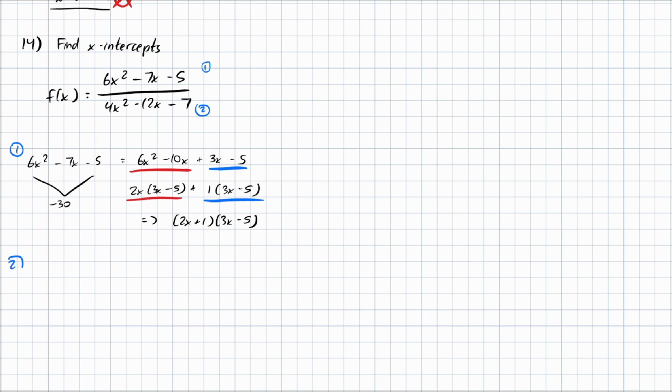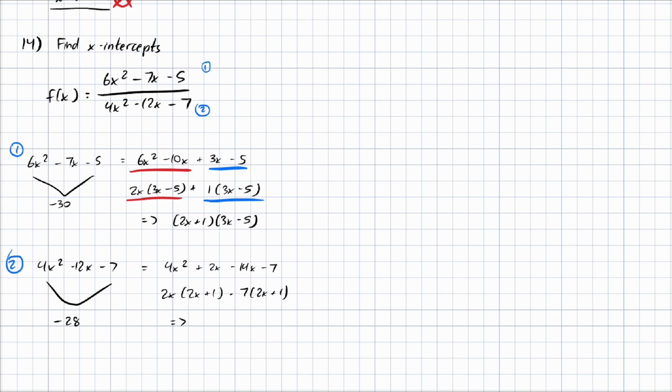Now, for the second one, I have 4x squared minus 12x minus 7. Again, I need two numbers multiplying to negative 28, adding up to negative 12. This is 4x squared plus 2x minus 14x minus 7, which gives 2x plus 1, minus 7 times 2x plus 1.